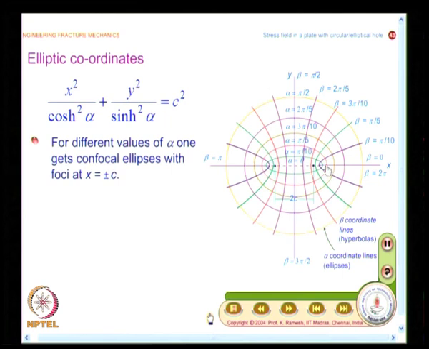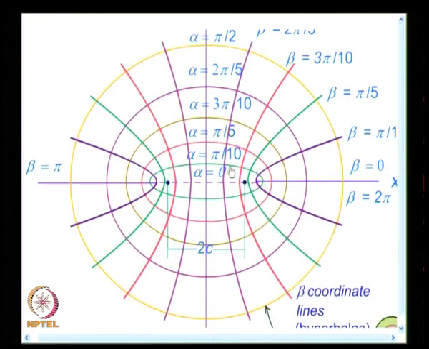These are shown here. I could also zoom in and then show you have confocal ellipses. So, when you specify what is alpha, you define the boundary of the elliptical hole.